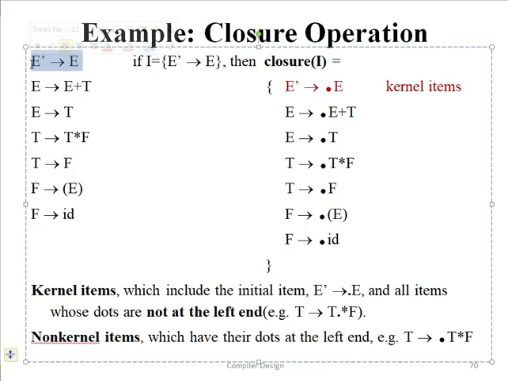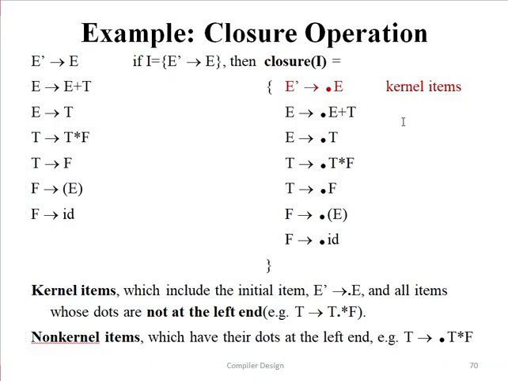So we augment the grammar by introducing a new non-terminal E prime that can derive the previous start symbol of the grammar E. So this is an augmented grammar. Now applying the closure operation on I, assume we have this item I having E prime derives E.